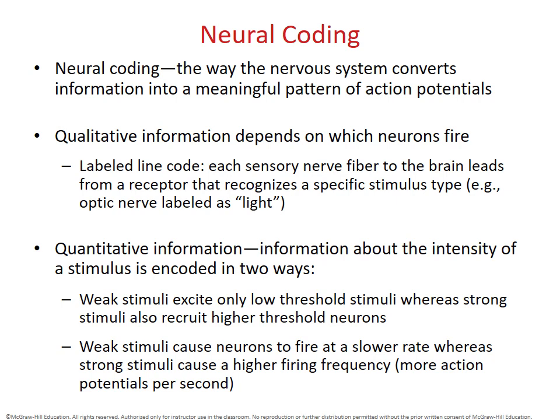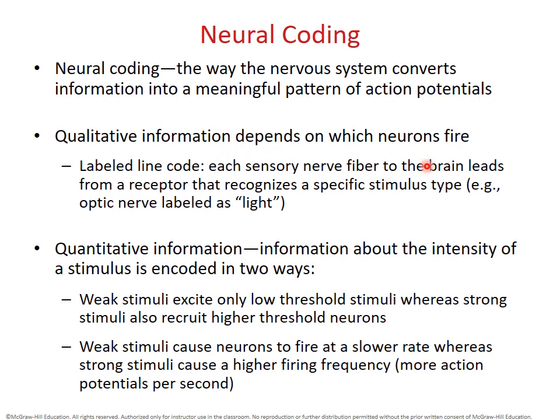Qualitative information is a coding that's based on which neurons fire. Of all the neurons that are in the brain, which ones are actually firing? This is going to tell us what kind of information we're getting. Not so much how strong the signal is, but what kind of information is it? Right?